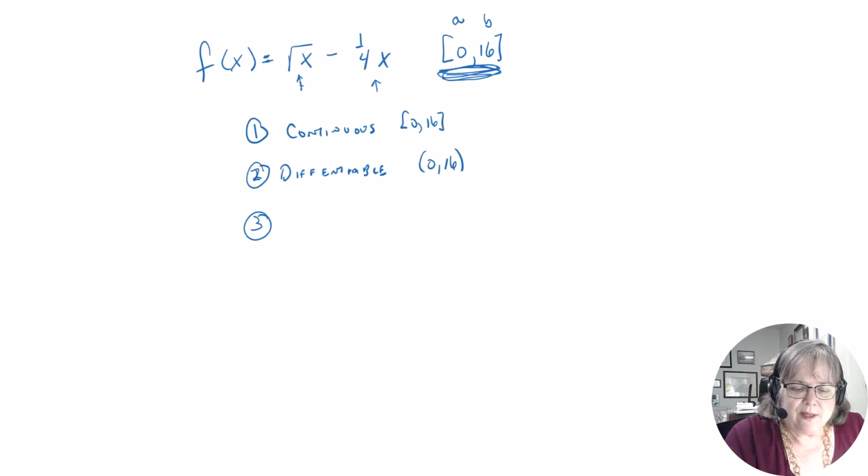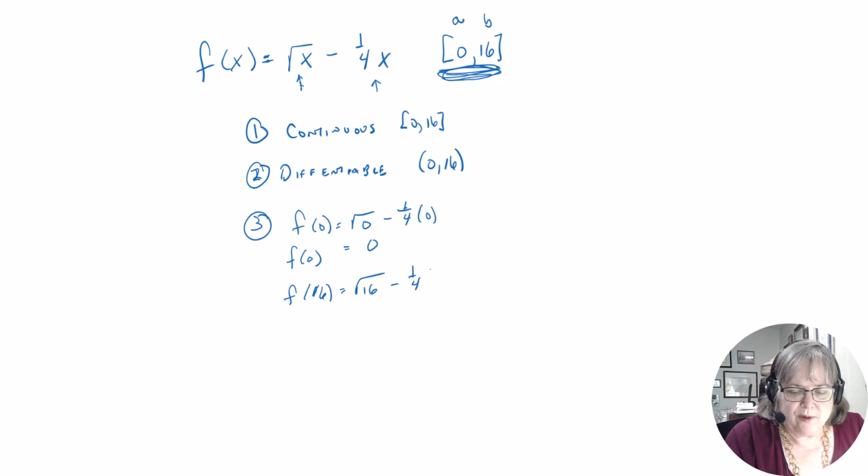So we would say, what is f of 0? So f of 0 is the square root of 0 minus 1/4 times 0. So this is 0. F of 16 is the square root of 16 minus 1/4 of 16. So this is 4 minus 4.